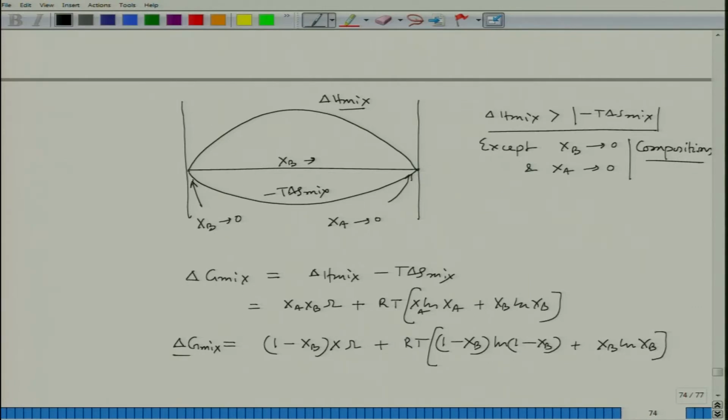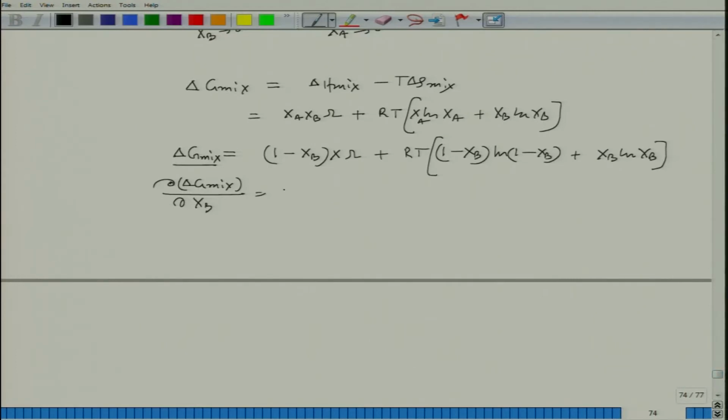Now, if I try to find the slope of this ΔG mix plot with reference to x_B, it would be Ω(1 − 2x_B) plus RT times a term involving ln x_B and ln(1 − x_B).